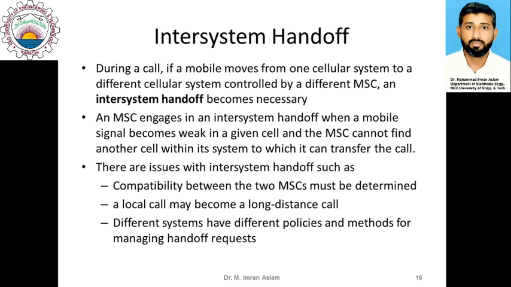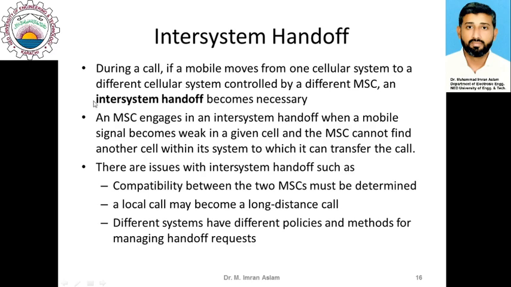Sometimes it happens that a mobile moves from the coverage region of one cellular system into the coverage region of another cellular system. So basically a mobile moves from the coverage of one MSC into a different MSC region. In that case, a handoff needs to be made between these two different systems.